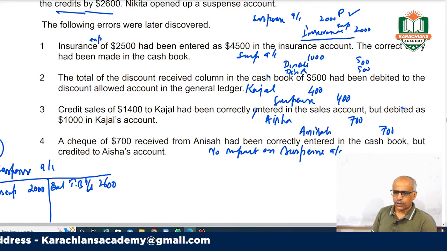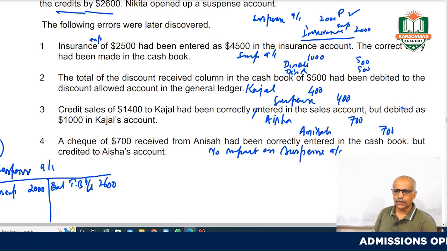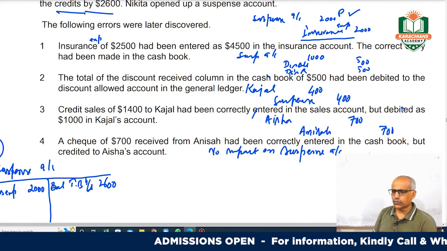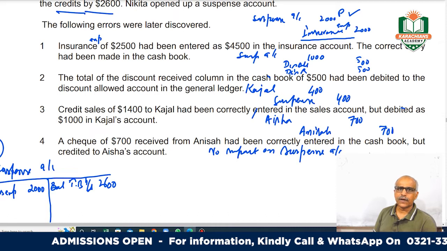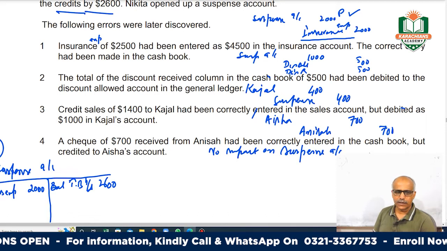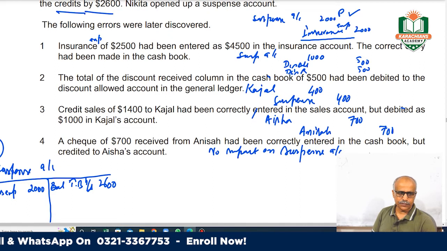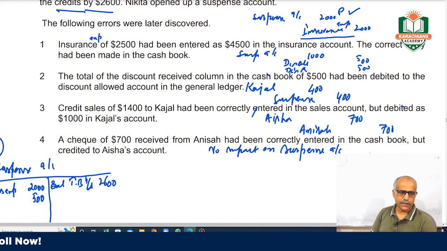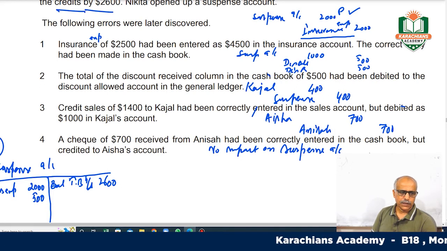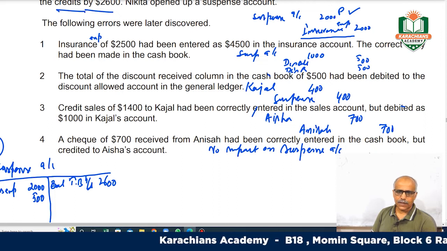Now come to the second entry. The suspense account was debited with 1000: 500 because of the discount allowed and 500 because of the discount received. So here again 2500, and again the date will be 30th of June.